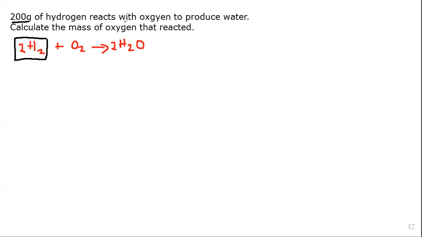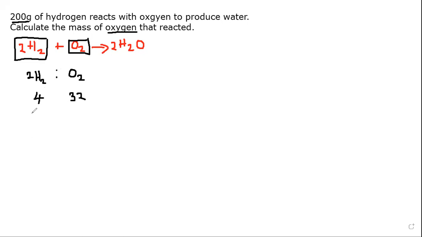Then what are they asking? Which is the unknown? They're asking you to find the mass of oxygen. So you pick oxygen the way it is. This will be 2H2 against O2. Then from there you find the relative atomic mass. The relative atomic mass of this will be 4, and the relative atomic mass of oxygen will be 32.